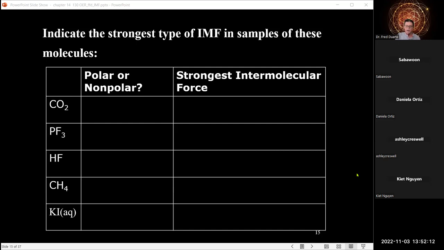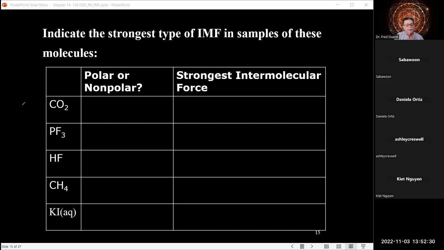So we have carbon dioxide. Carbon dioxide is one that we talked about at length. The Lewis dot structure, in fact, I just wrote it. They have two polar bonds, but because they cancel each other out, we end up with a nonpolar molecule.